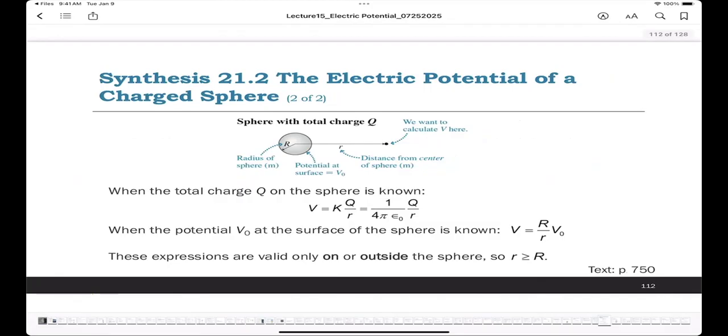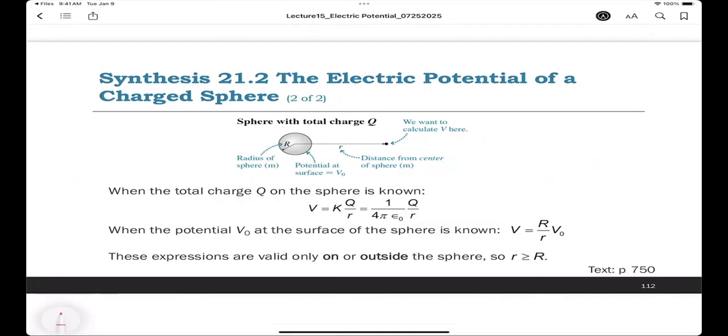Okay, and this is the sphere with the total charge Q, and this is the radius of the sphere. This is the potential at the surface, V0, and this is the distance from the center of the sphere, r. We want to calculate V here.